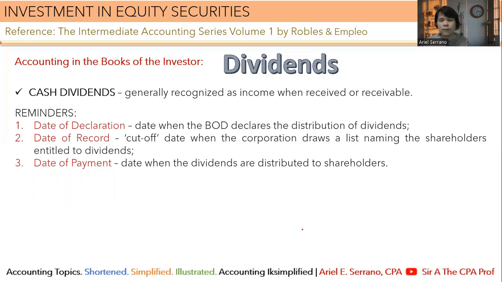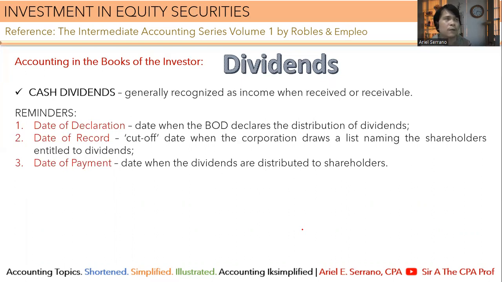For purposes of concepts or theories, pag sinabi nating date of declaration, this is the date when the board of directors of the corporation declares the distribution of dividends. Okay? Whereas, the date of payment ay yung date kung kailan natin i-distribute yung dividendo sa mga shareholders.